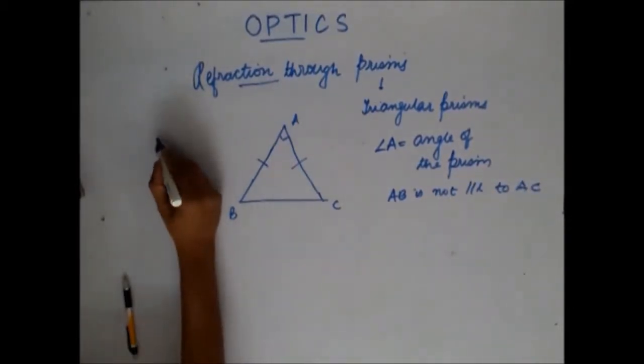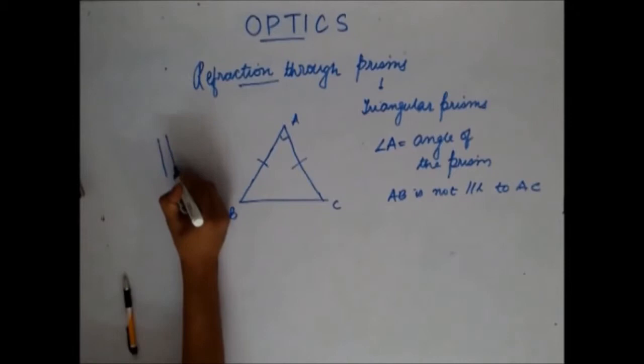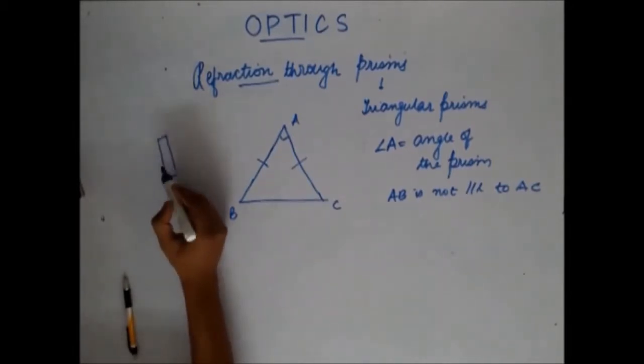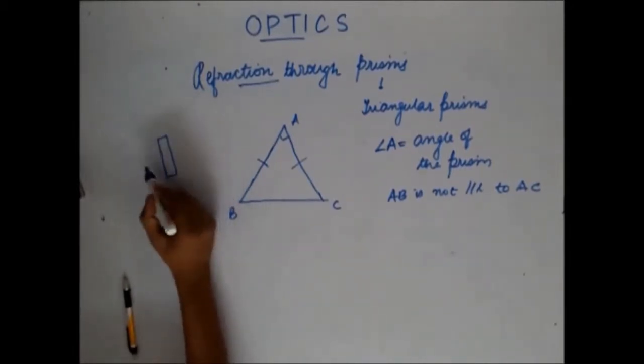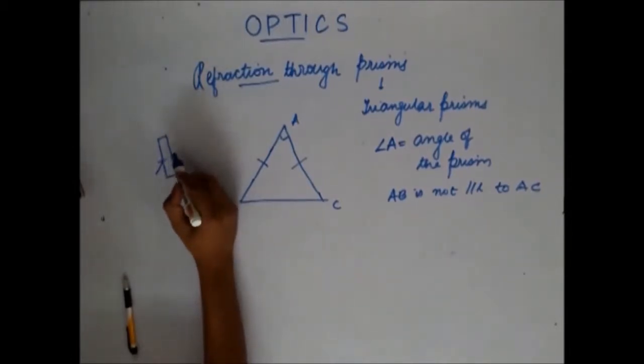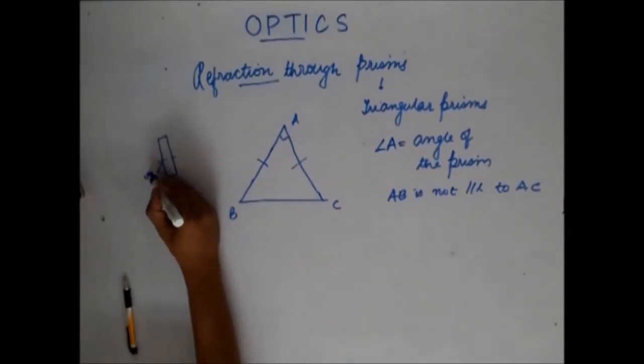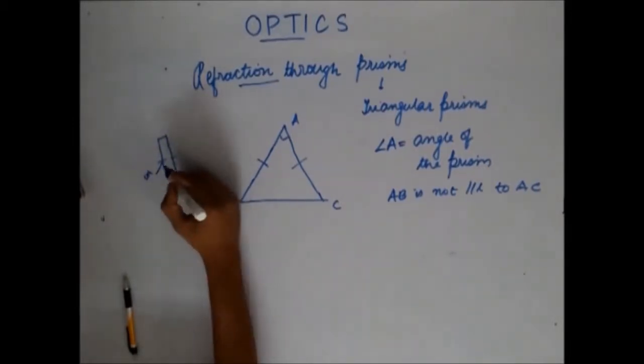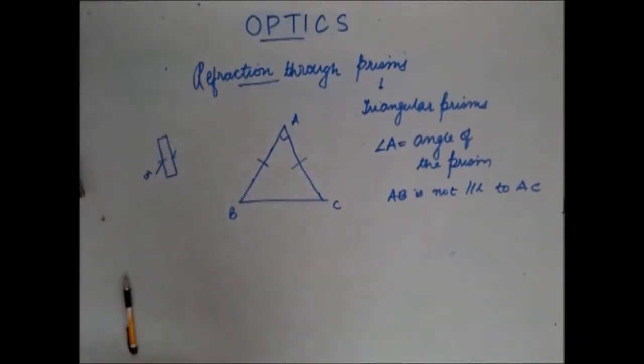Till now we had discussed that if there is a rectangular glass slab and there is refraction occurring, then the emergent ray comes out parallel to the incident ray and there is only a lateral displacement.